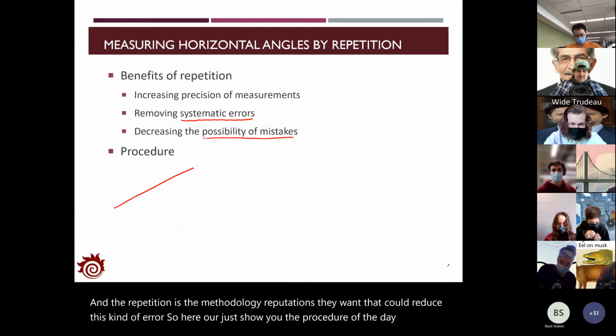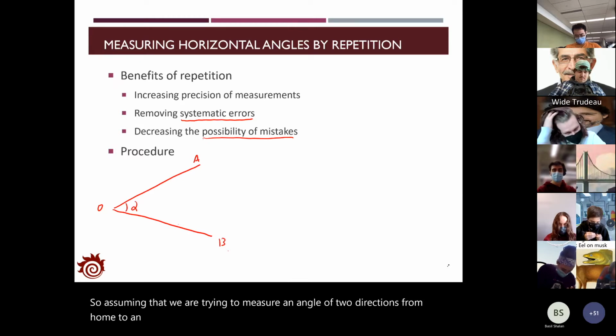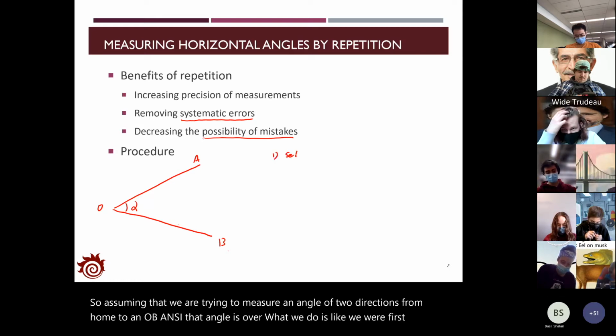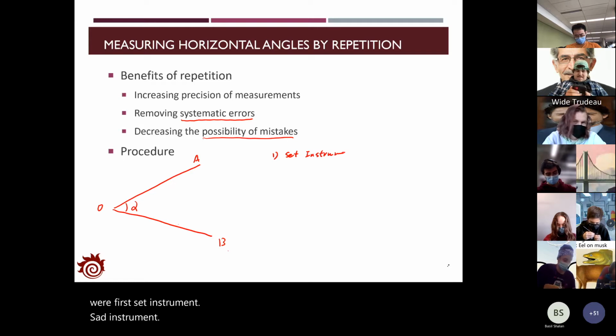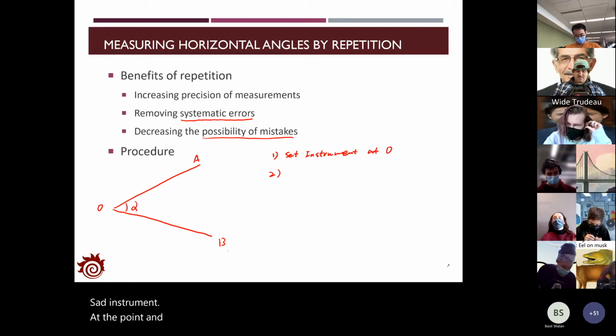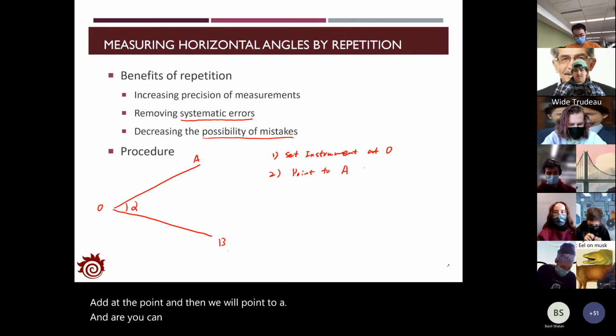So assuming that we are trying to measure an angle of two directions from O to A and O to B, and say that the angle is alpha, what we do is we will first set the instrument at the point O, and then we will point to A. And you can initialize this one to 0 or not, depending on your preferences.